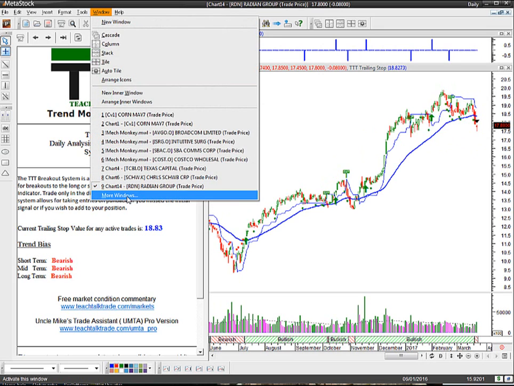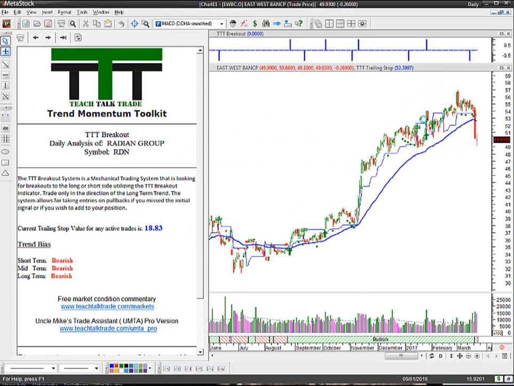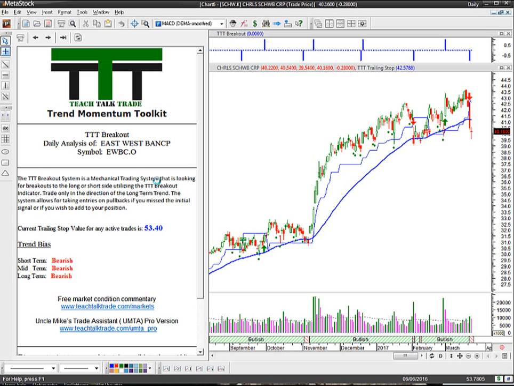So RDN, let me just go with the symbol. So RDN, CFG, EWBC, similar chart, SCHW, below the 50, there's the stop right there.